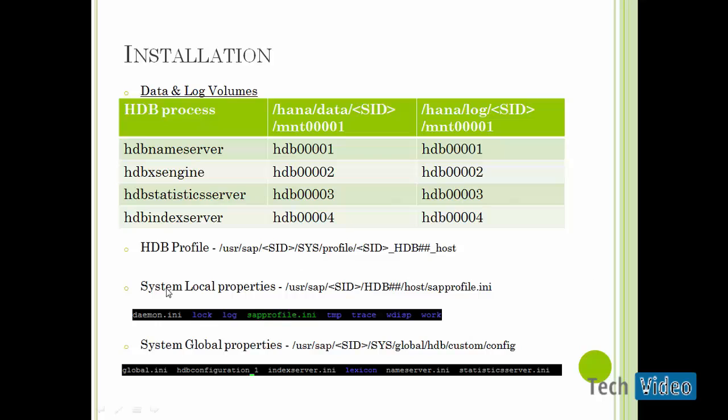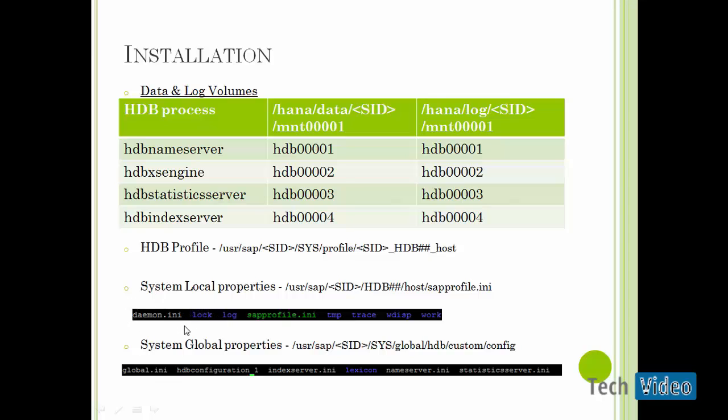Coming to local property files, we have daemon.ini, log, SAP profile.ini, TMP, trace, wdisk, work. All for different usage. SAP profile.ini will have the properties of the local instance. Log will show some logs created.